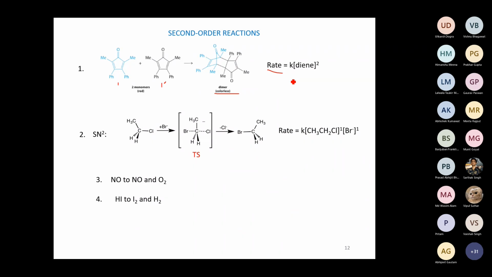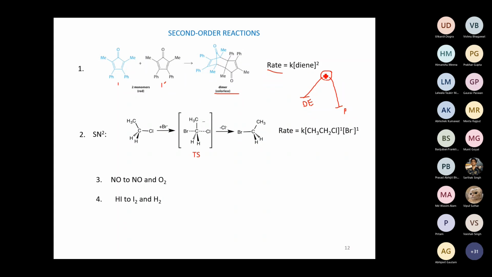That means that whatever the transition state, we don't know if this is a single step or multi-step, but whatever it is, suppose this is a single step, starting material giving product, and this is the diene, suppose D. So whatever the rate limiting step it has, rate law is telling that first of all the diene is involved, and how many molecules of diene are involved. There is only one type of starting material, not two.